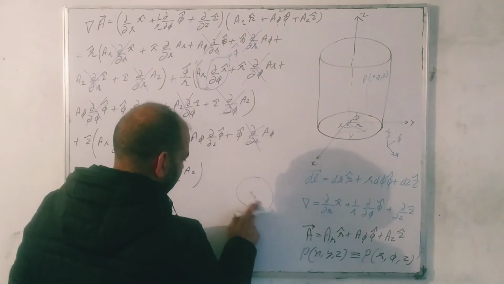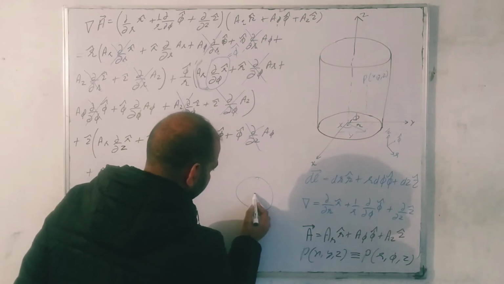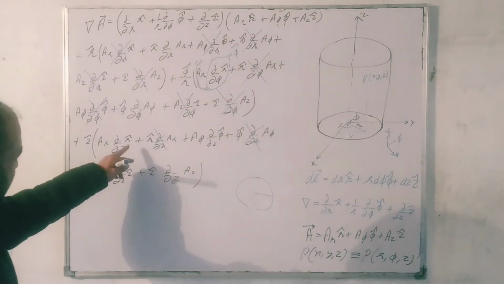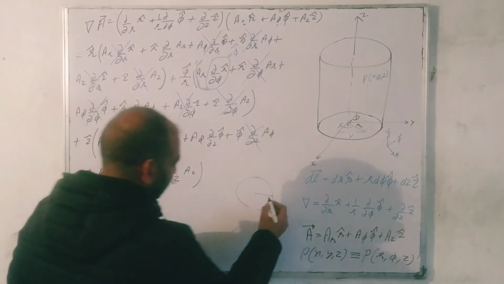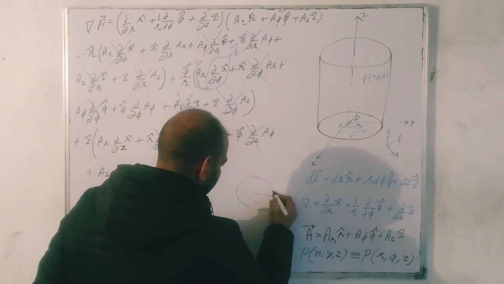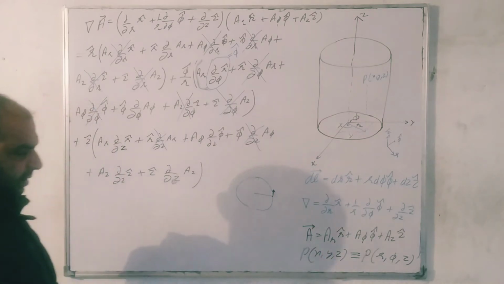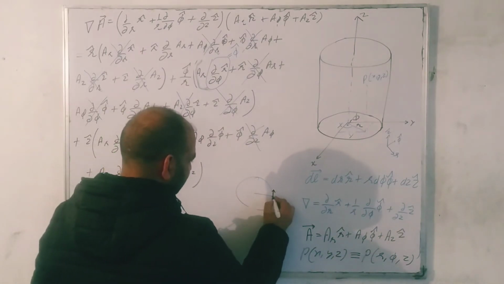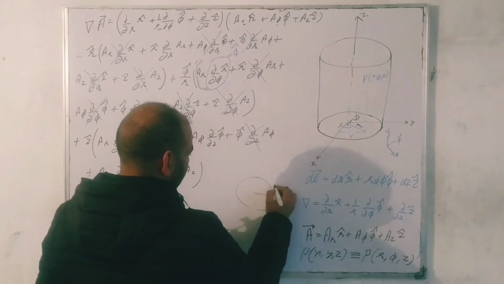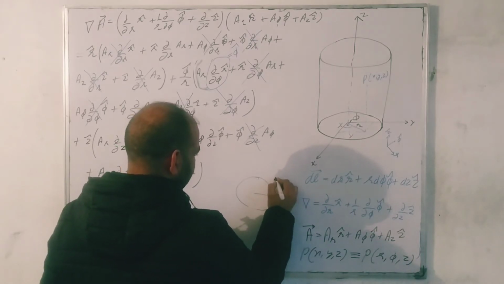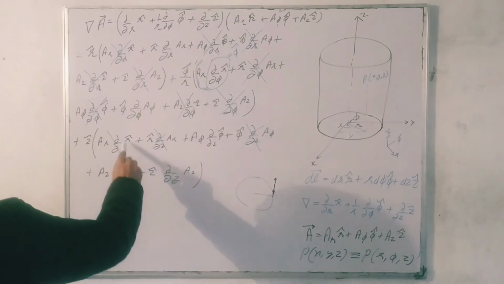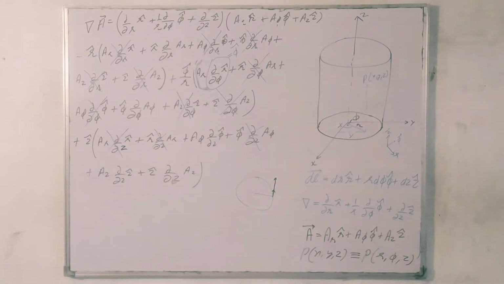Suppose we change z. Initially we were at this point, so z cap was in this direction. When we change z a little bit more, suppose from here to here, at this point also the z vector is in a similar direction. So it is not going to change. That means this component is 0.